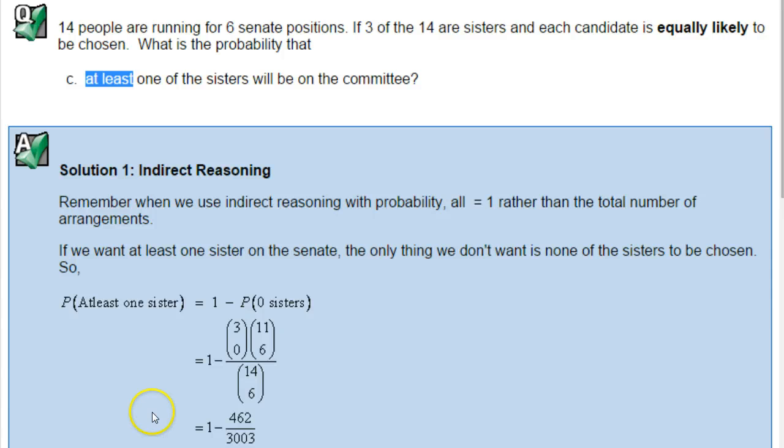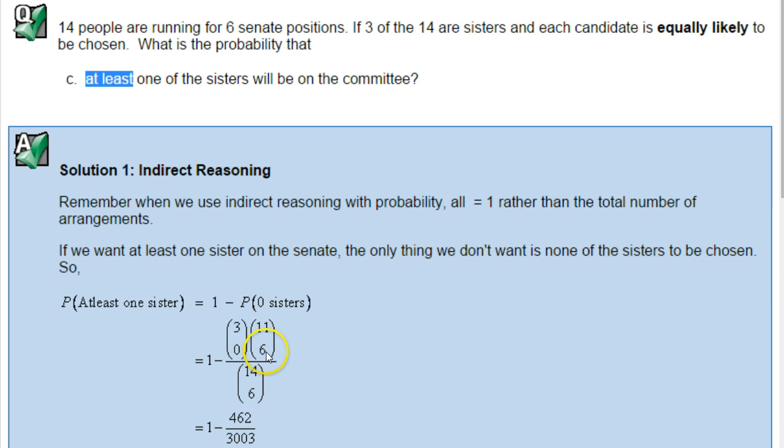So in this case, I always reach for indirect reasoning. So what's the probability that at least one of the sisters is on the committee? Well, we've got 1 as our total probability, and we're going to subtract the probability that none of the sisters will end up on the committee. That's the easiest scenario to calculate. So in this case, we've got 1, that's 100%, subtract. How many ways can we choose 0 sisters? So 3 choose 0 times, how many ways can we choose 6 members from the remaining 11?